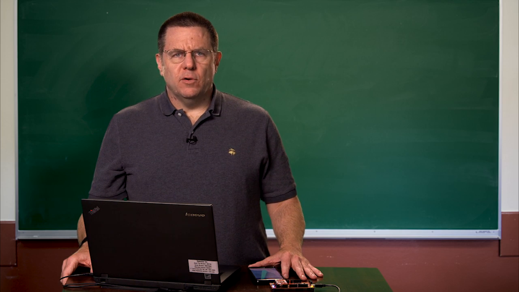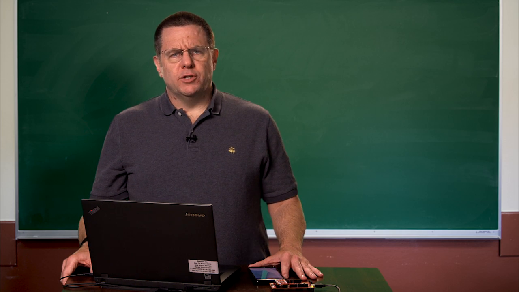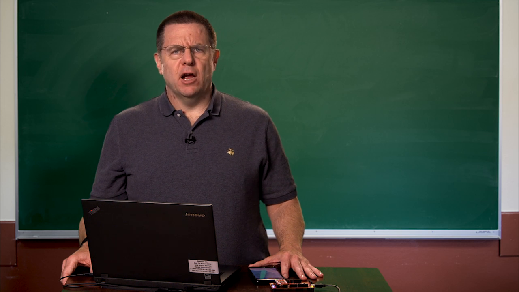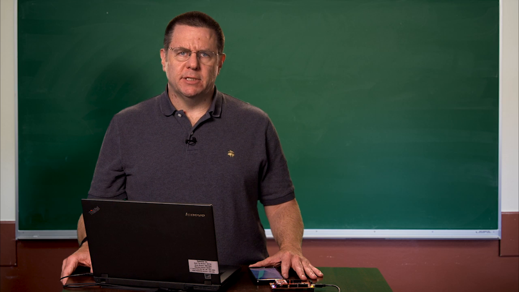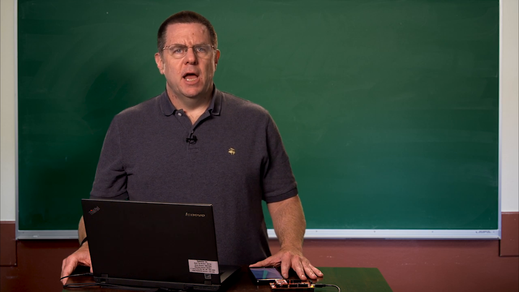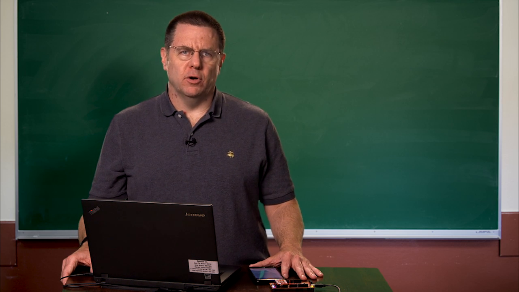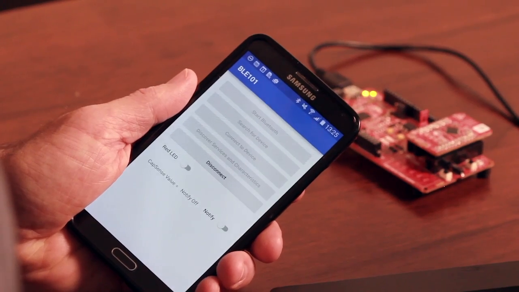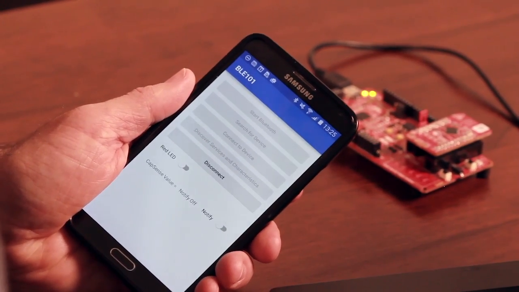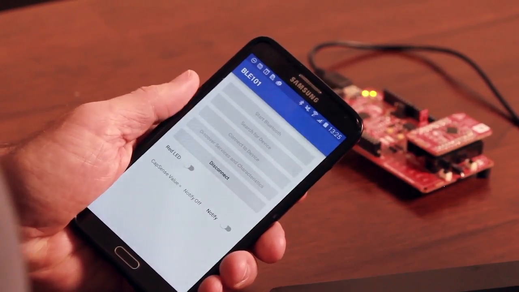When that completes, we get a GATT callback which creates the Bluetooth GATT Characteristic object for the LED characteristic and the CapSense characteristic in our device, and a Bluetooth GATT Descriptor for the CapSense notification. Once this is done, we broadcast an update that is once again received by the main application. The main application then enables the LED switch, the CapSense notification switch, as well as the disconnect button.